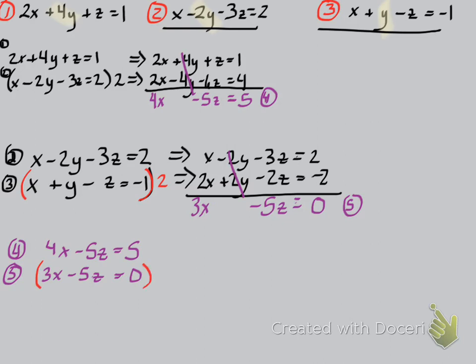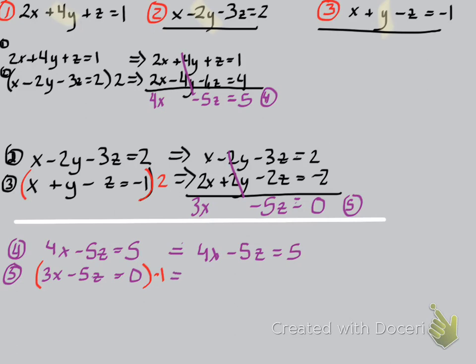I need to change the signs on one of the 2 by multiplying by negative 1. And that will just change all my signs. So my new equation is 4x minus 5z is equal to 5.